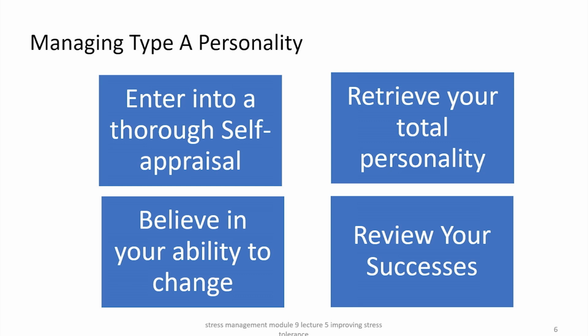They are hostile, highly competitive and do not hesitate in showing aggression. Overall, this type of personality is very much vulnerable towards developing stress related problems, both physical and psychological.